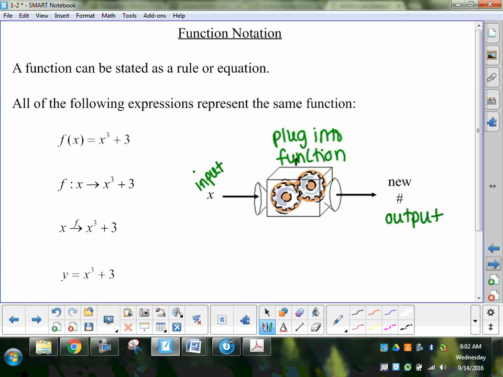Not necessarily a new number. This would be your range. The input is called the domain.